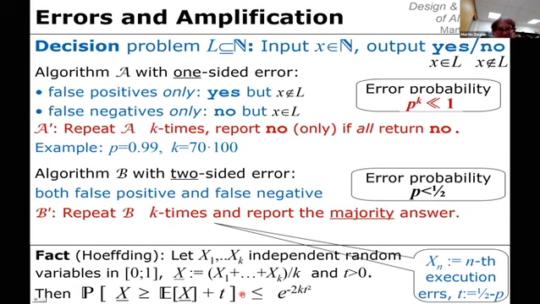And Hoeffding's inequality thus says, applied to this case, that the probability of our amplified algorithm failing is at most e to the minus 2 times k times t squared. Now, if you plug in t equals 1/2, this right-hand side expression is e to the minus k/2, roughly.